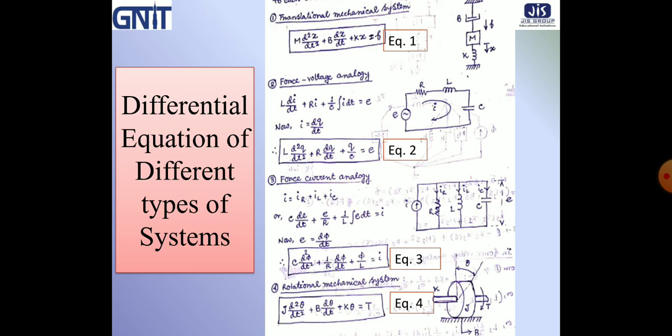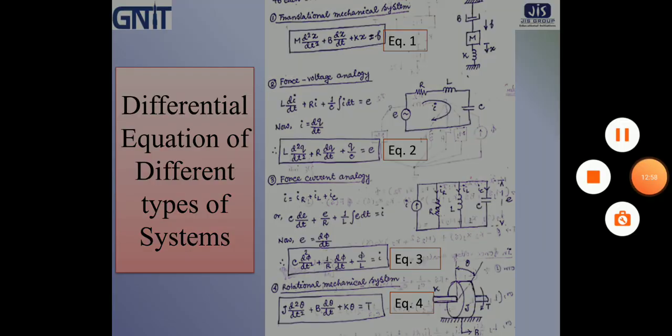Now if we write down the differential equation, or the torque equation, for the following figure, the equation will be: total torque applied, that is capital T, is equal to J d2 theta by dt square plus B d theta by dt plus K theta.